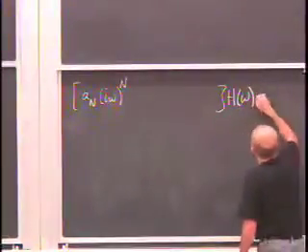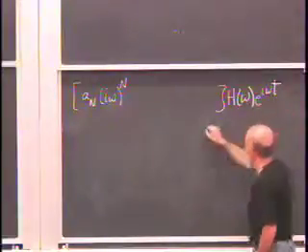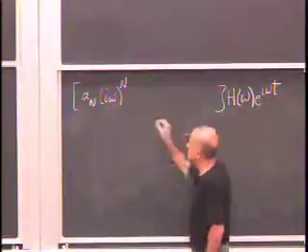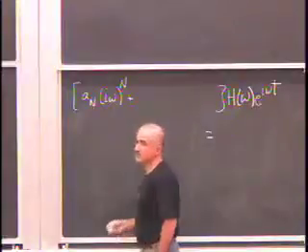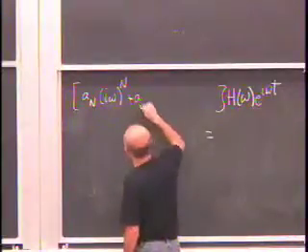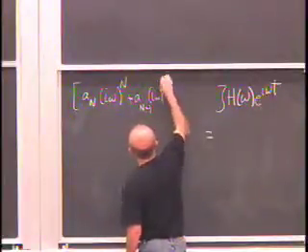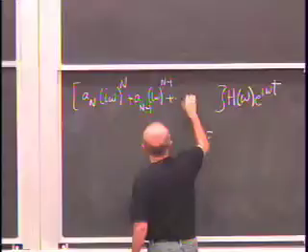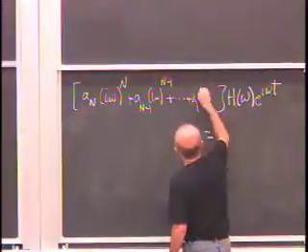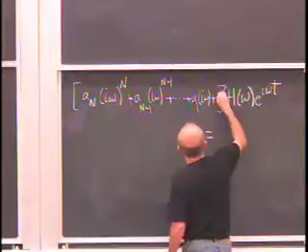Well, let's not just do that. Yeah. So a_n (iω)^n plus a_{n-1} (iω)^{n-1} plus ... a_1 iω plus a_0.